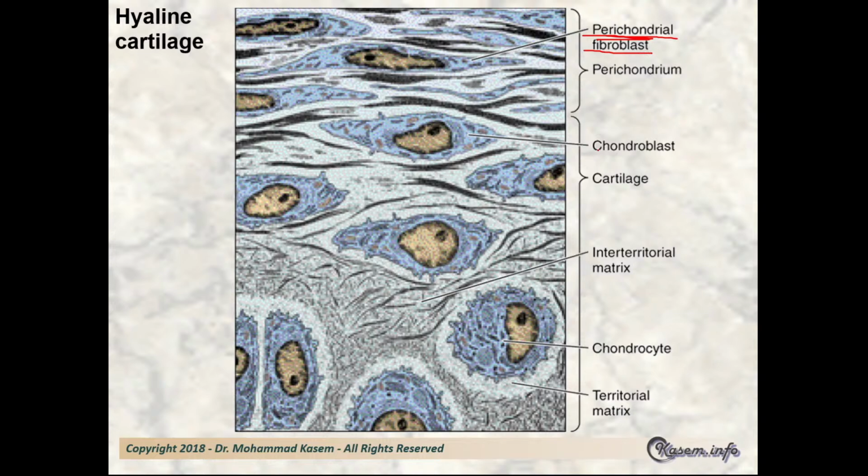And here is the chondroblast, which forms the cartilage matrix and gradually transforms into a mature chondrocyte and becomes trapped inside the territorial matrix, or lacunae, L-A-C-U-N-A. Lacunae is a particular feature of cartilage and bone. The cells are found in lacunae.